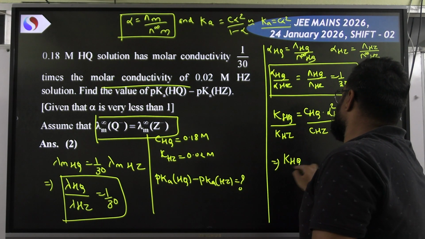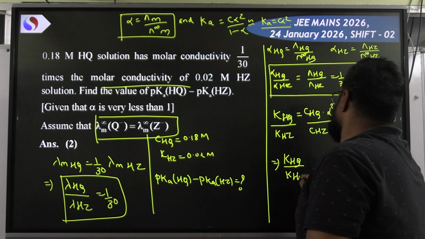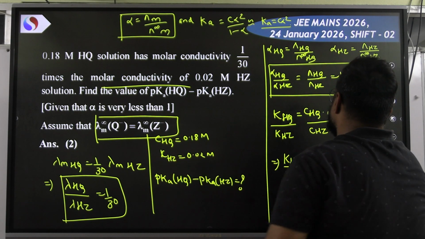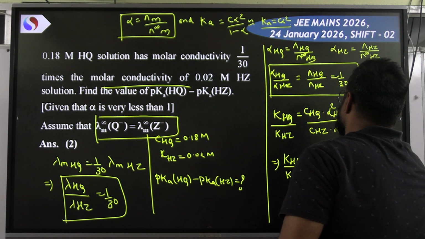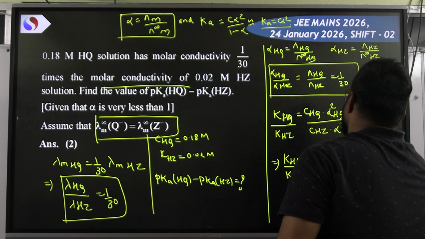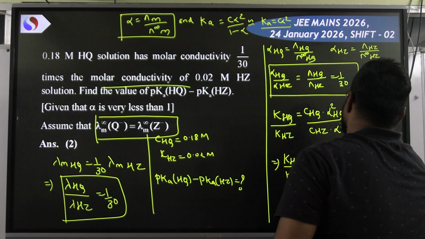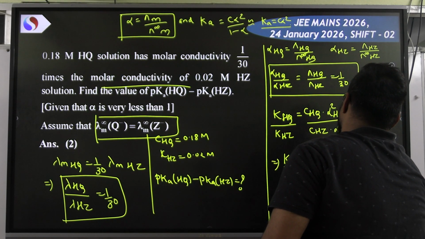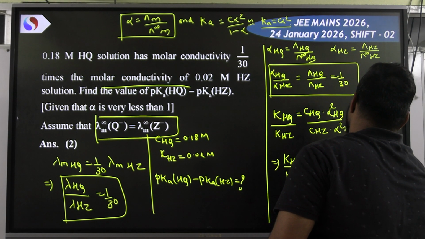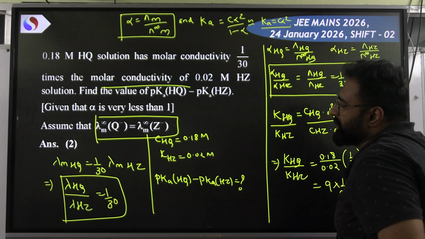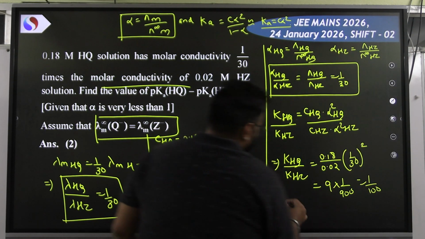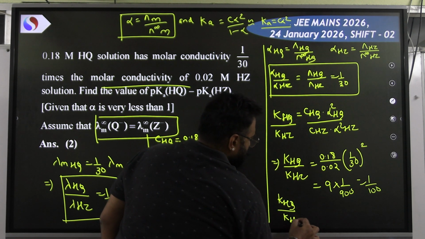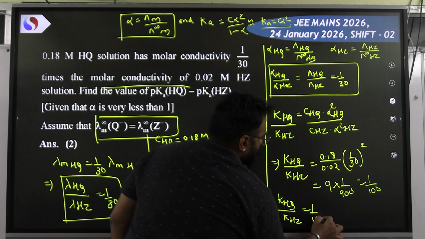K of HQ divided by K of HZ is equal to 0.18 divided by 0.02 into (1 by 30) whole square. So 9 into 1 by 900, matlab 1 by 100. So KHQ by KHZ is equal to 1 by 100.